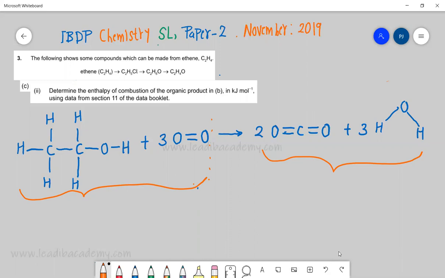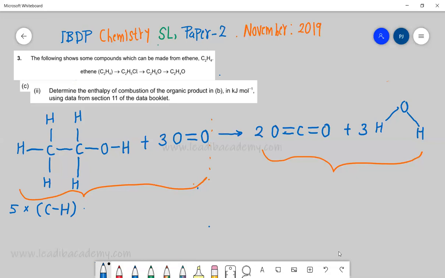So we can easily see in case of the ethanol, that is C2H5OH, how many types of bonds are there. First of all, we can see very clearly that there are 5 C-H bonds.